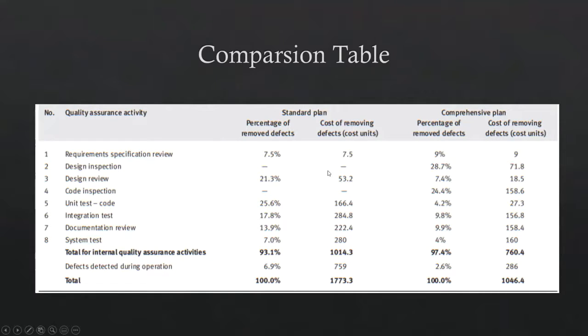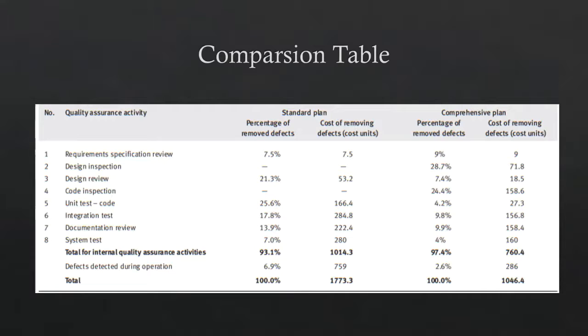But when we check the total for internal quality assurance activities, the standard plan's percentage of removed defects is 93.1%, and cost units is 1014.3. The percentage of removed defects is larger than the standard plan, with 97.4%. The cost of removed defects is smaller than the standard plan, 76.4.